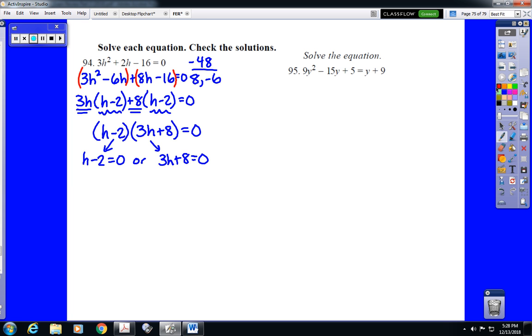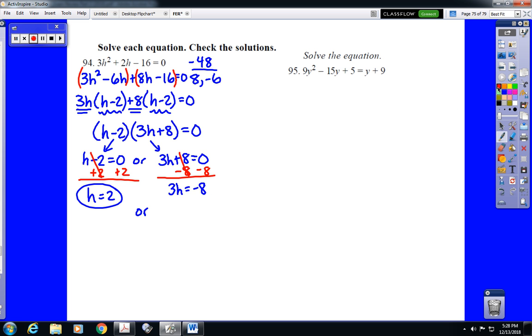Now if I had to factor by grouping, I should get one answer that's a fraction. So the first one, when I add 2 to each side, I get the answer h equals 2, and that is the first solution. Or, second equation, I'm going to subtract 8 from each side, which would give me 3h equals negative 8.